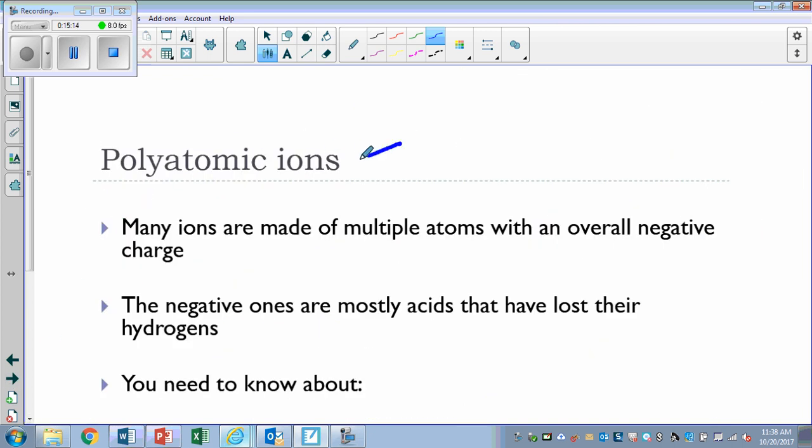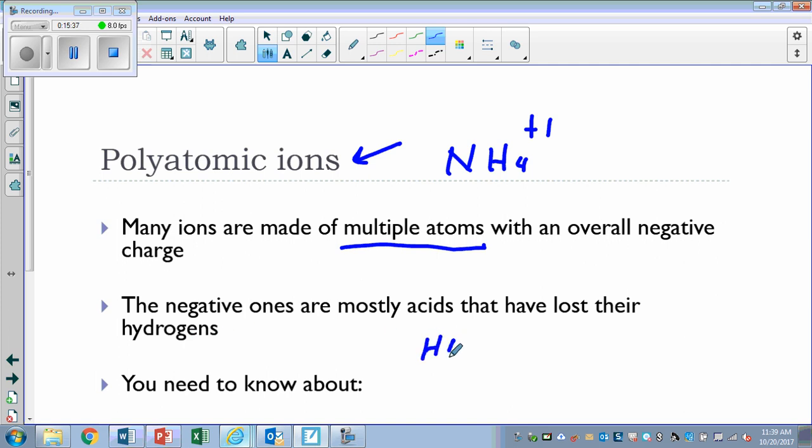But the next thing we talk about is polyatomic ions. Many ions are made up of multiple atoms with an overall charge. There is one positive polyatomic ion, ammonium, NH4 plus. Most of them are negative ions. The negative ones are mostly acids that have lost their hydrogen atoms.